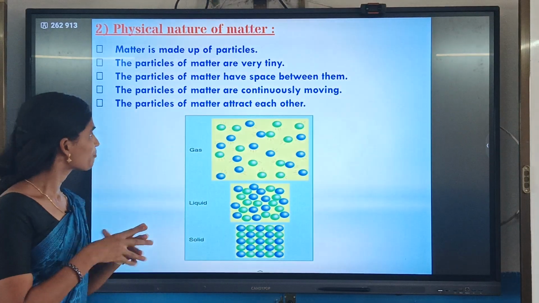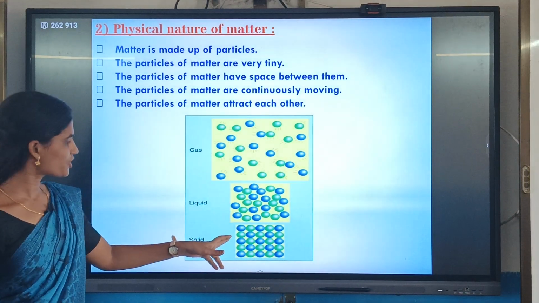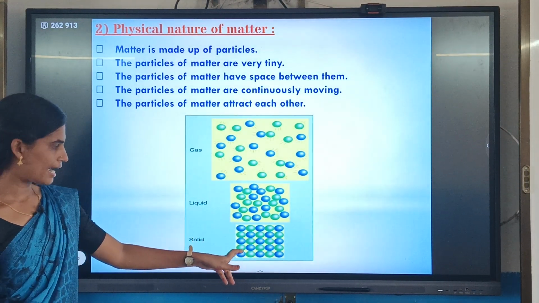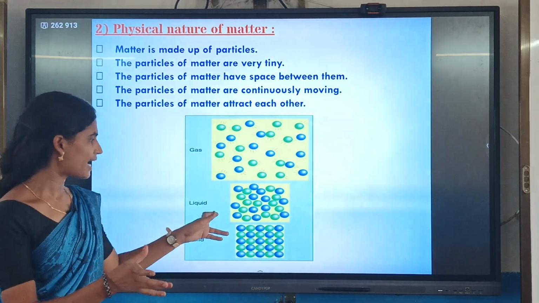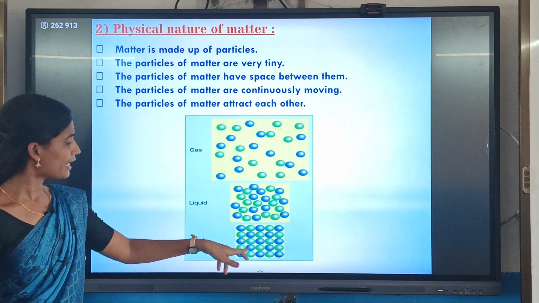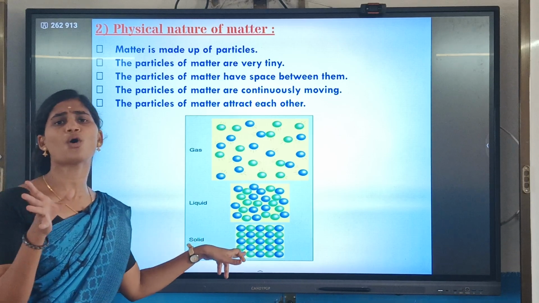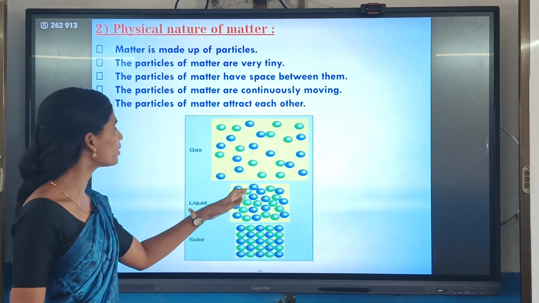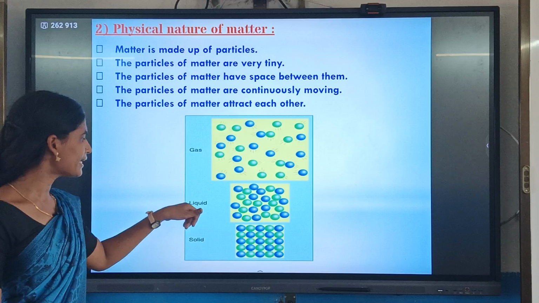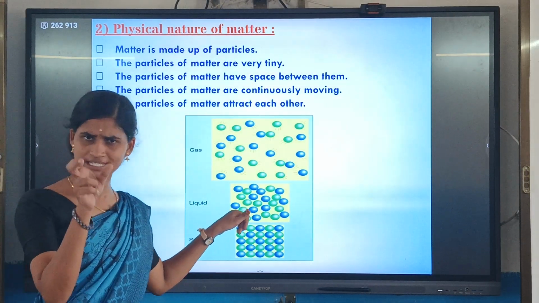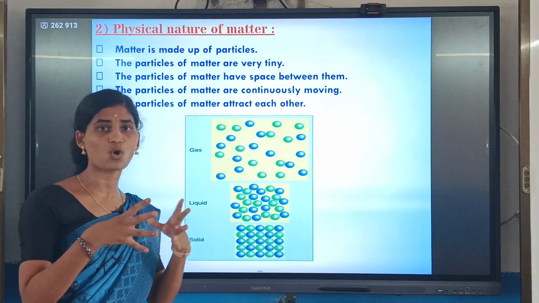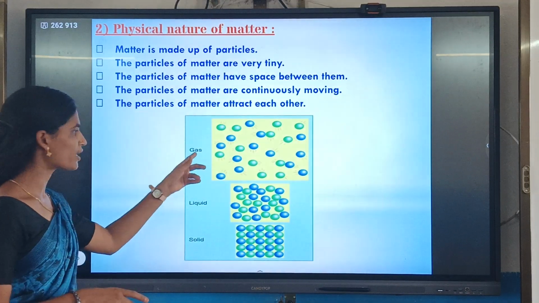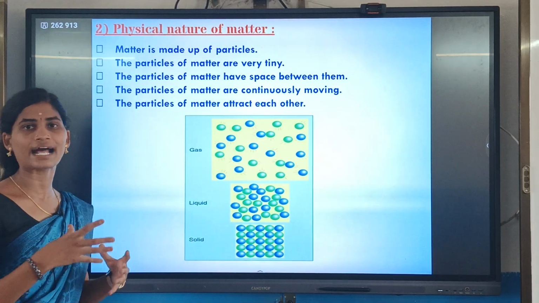In a solid, the particles are closely packed. In a liquid, they have some space between them. In a solid, there is more force of attraction compared with liquid and gas. In a liquid, the force of attraction is less than in a solid, but more than in a gas. In a gas, the particles are randomly moving.